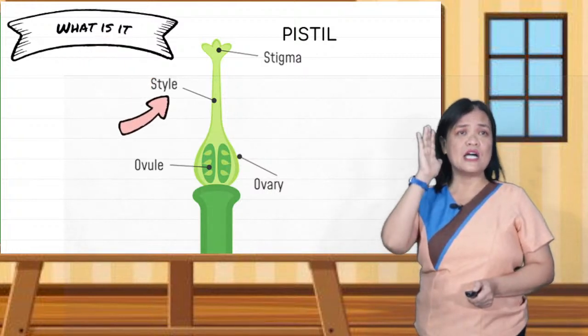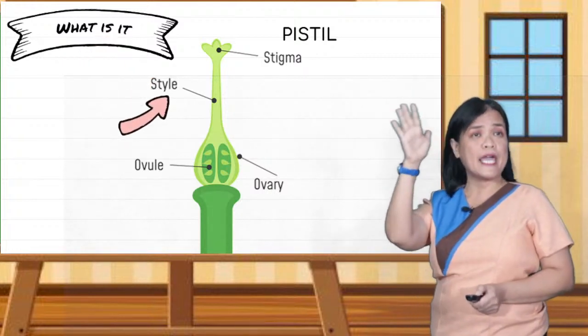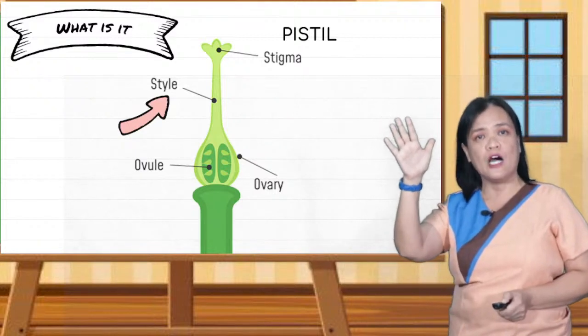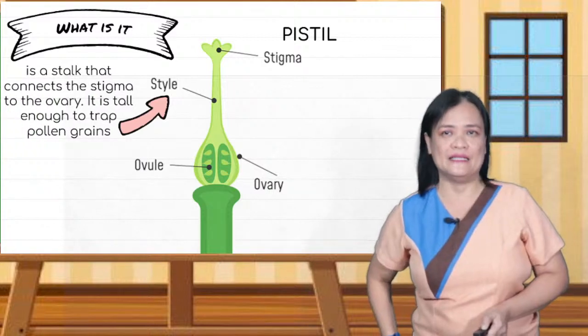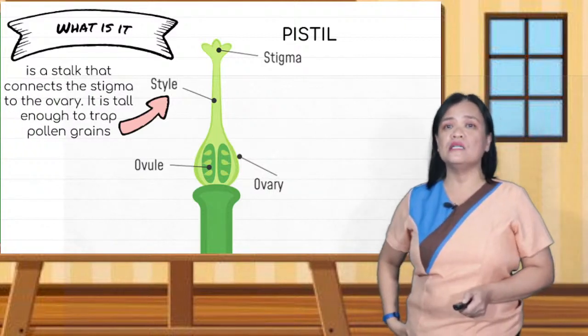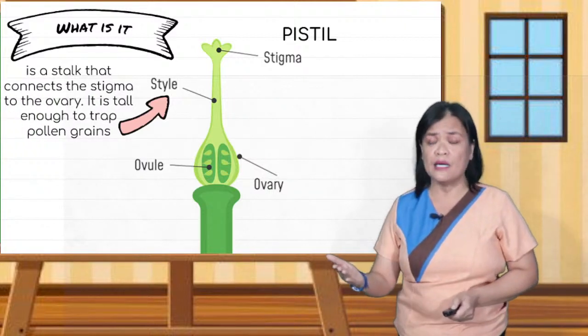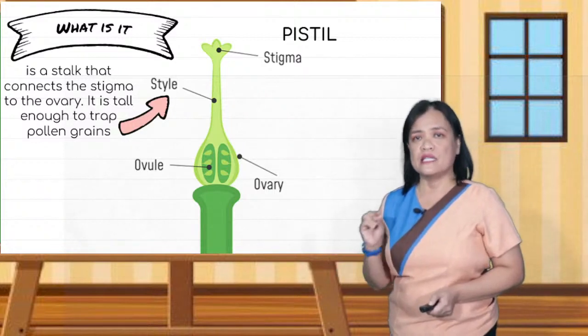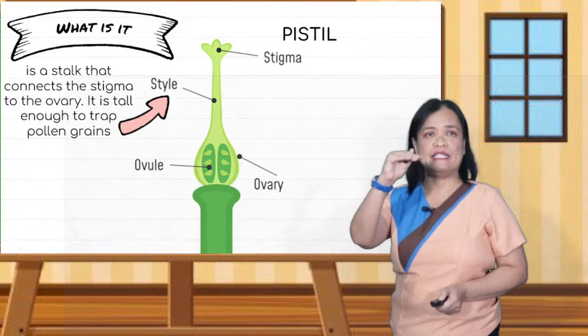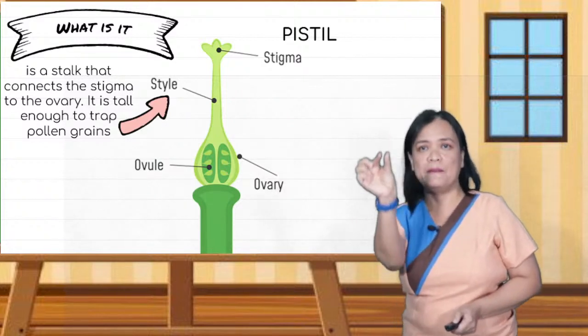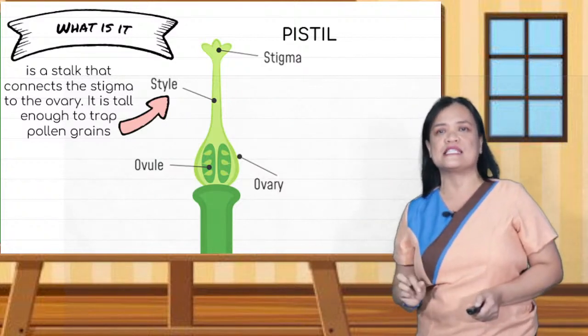Pistil is the female part of a flower. It consists of, first, the style. It is a stalk that connects the stigma to the ovary. It is tall enough to drop pollen grains. The long tube there is the style.